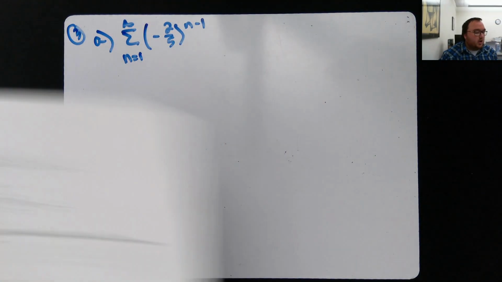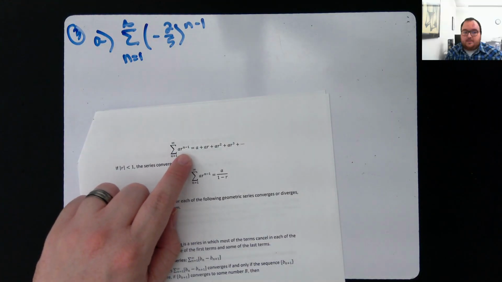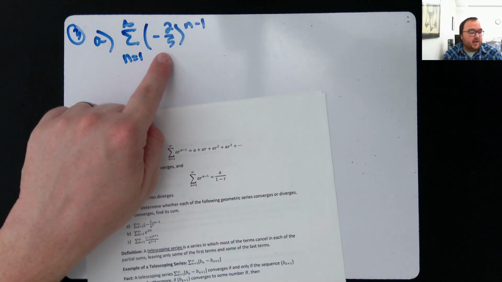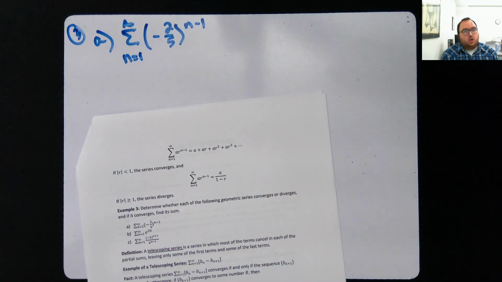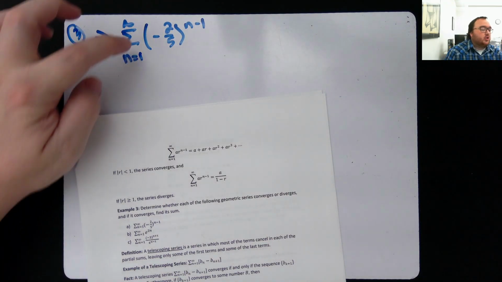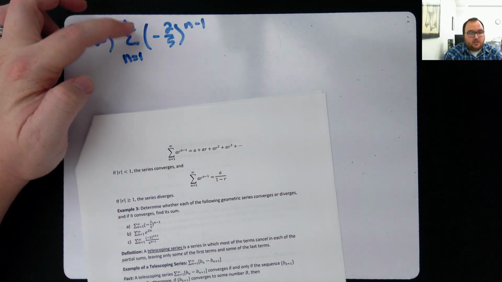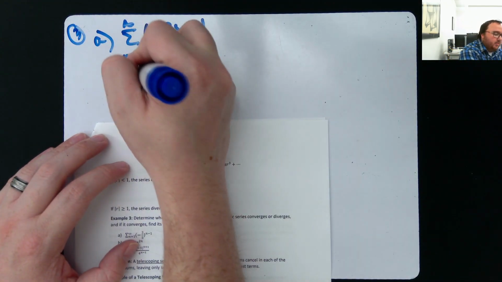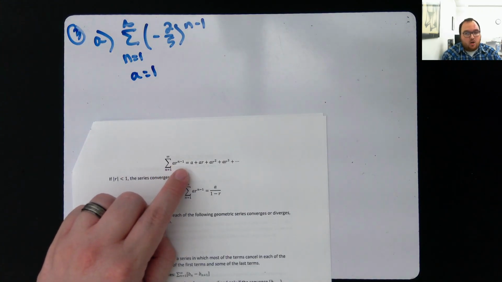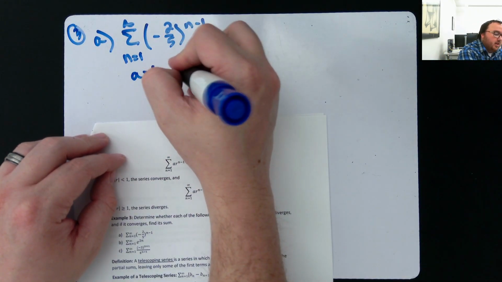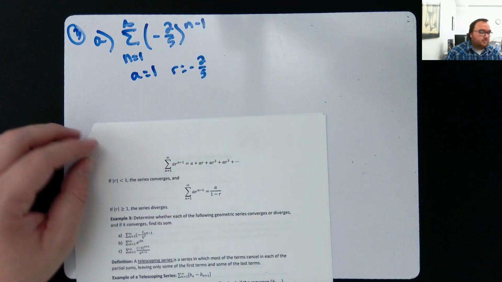All right, so I can tell right away it looks like this does, right? Because I have something to a power of n minus 1, so I'm looking good, okay? So what I need is just to state what a and r are. Well, there's not a number in front of this, right? So a is just 1. And then r is what's being raised to the power. So r is going to be negative 2/5.